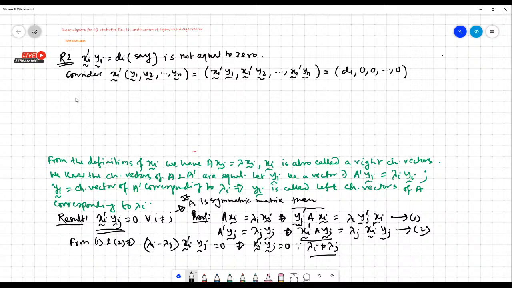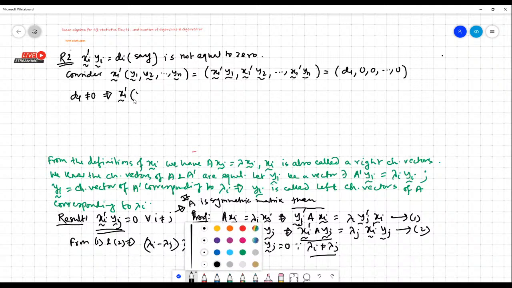So d1 is not equal to 0. If d1 is not equal to 0, this means x1 curl prime y curl is not equal to 0.